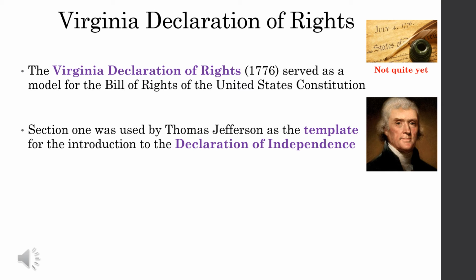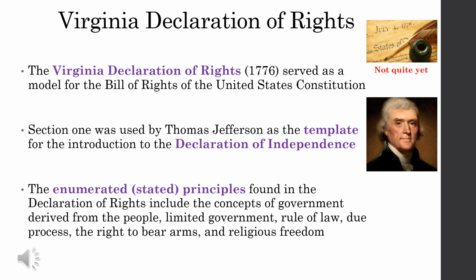So before this country tells Great Britain that we want our independence, the colonists in Virginia are telling the king we have rights. And the enumerated or stated principles found in the Declaration of Rights include the concept of government derived from the people, limited government, rule of law, a concept you're going to learn called due process, the right to bear arms, and religious freedom. Does any of this sound familiar yet? Virginia is highly influential in the way we created our modern American government. Go to the next slide.